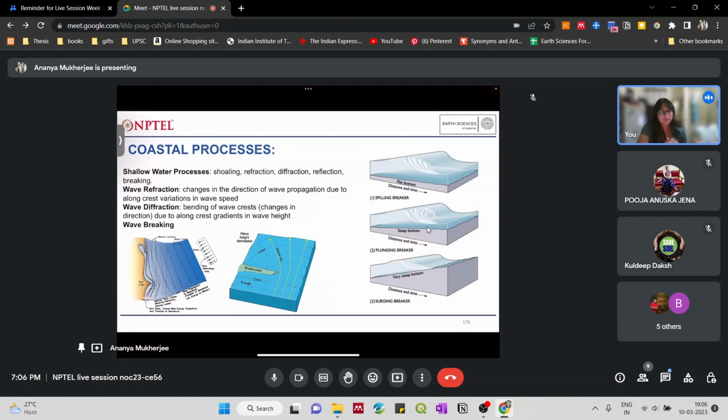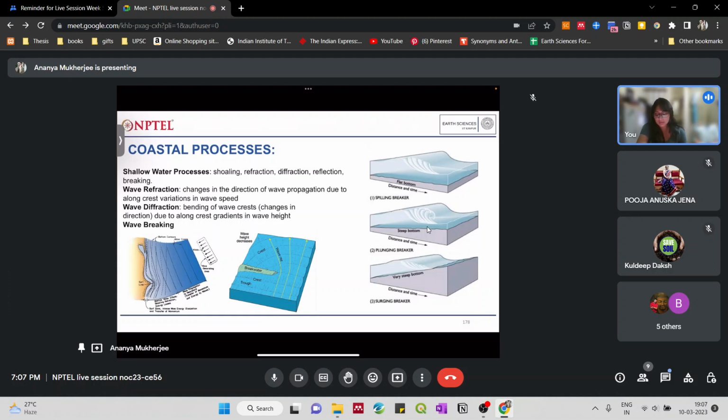Based on the wave pattern and wave action, we can deduce some of the coastal processes that take place. What are shallow water processes? Towards the shore area, you have shoaling, refraction, diffraction, reflection, and breaking.